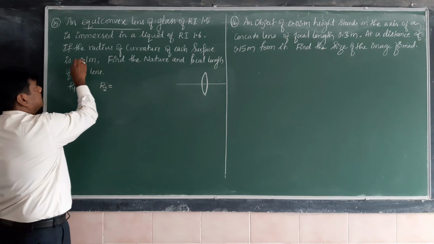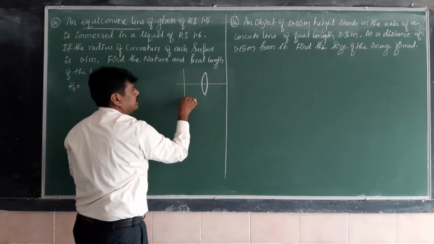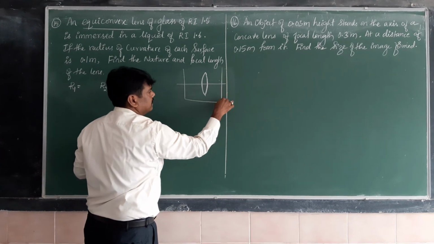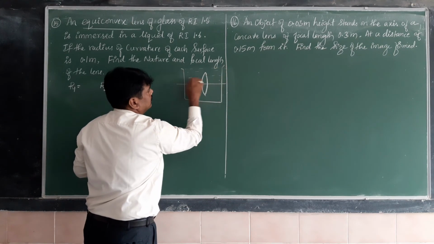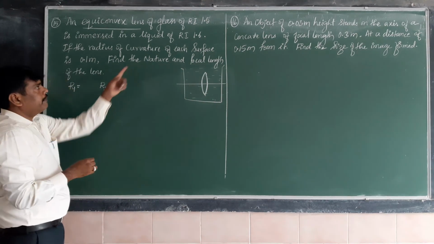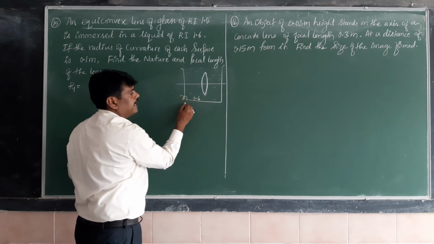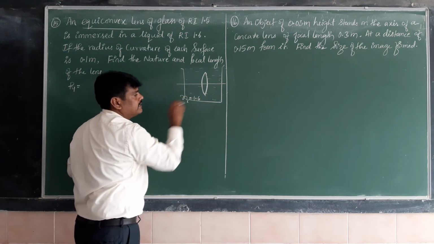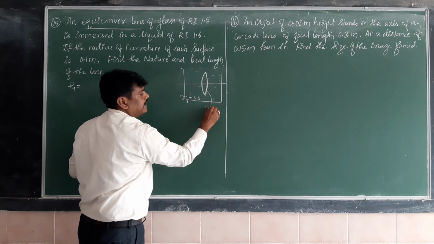See here, this lens is immersed in a liquid. Say it is a container filled with water. It is immersed in a liquid of refractive index 1.6. So let us consider the refractive index of the liquid is NL. NL is equal to 1.6. The refractive index of the glass is NG.